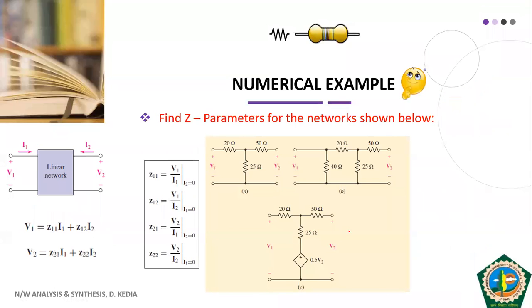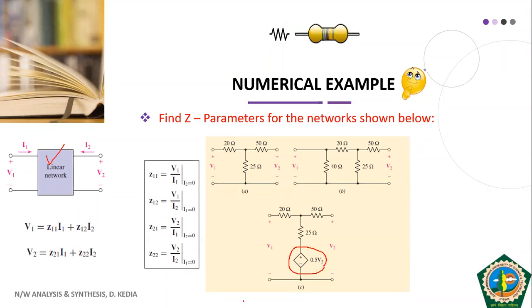These are three numericals, or three networks, for which we have to obtain various Z parameters. Yesterday I told you that in two port networks there will be no independent source inside the linear network, but a dependent source is possible. So I have deliberately taken one example where a dependent source is part of the linear network.